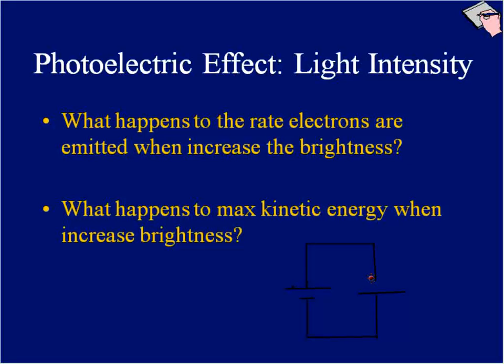So what happens to the rate at which electrons are emitted? What happens to the current? If you increase the intensity, which means you increase the brightness, put a 40-watt bulb there, throwing photons, put a 100-watt bulb there, throwing photons, and watch out for the ammeter reading. This can be done experimentally.